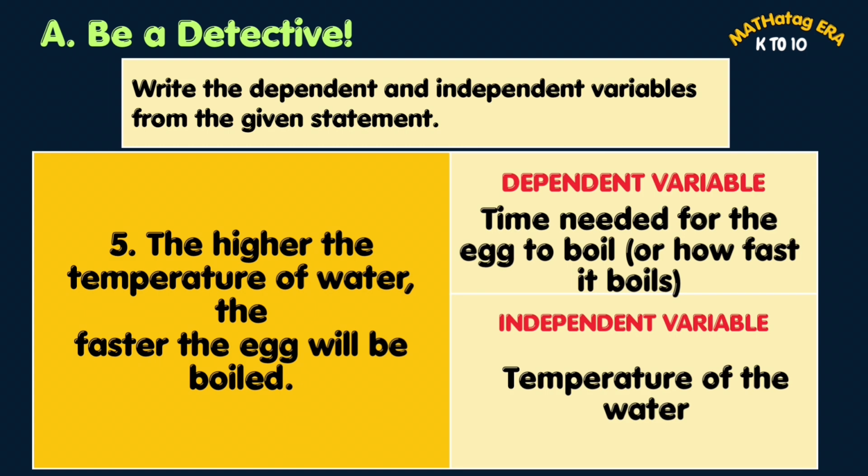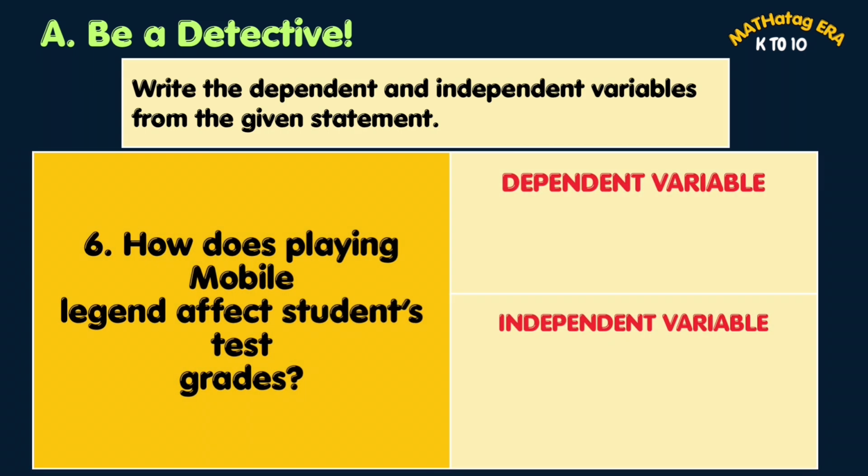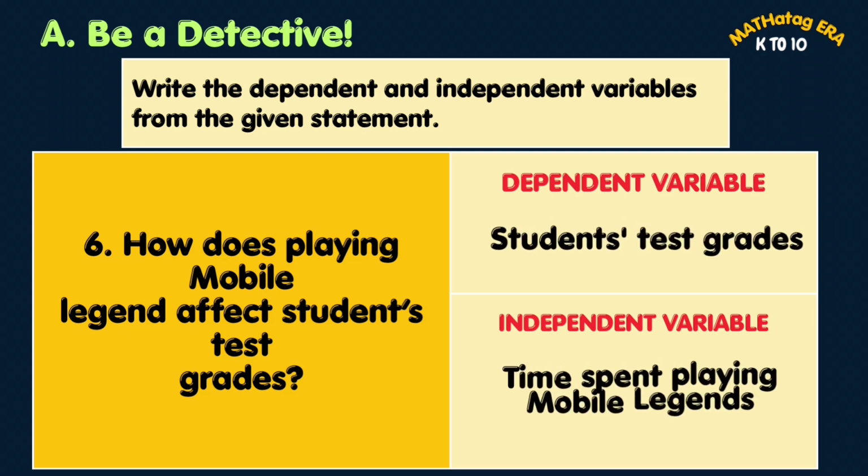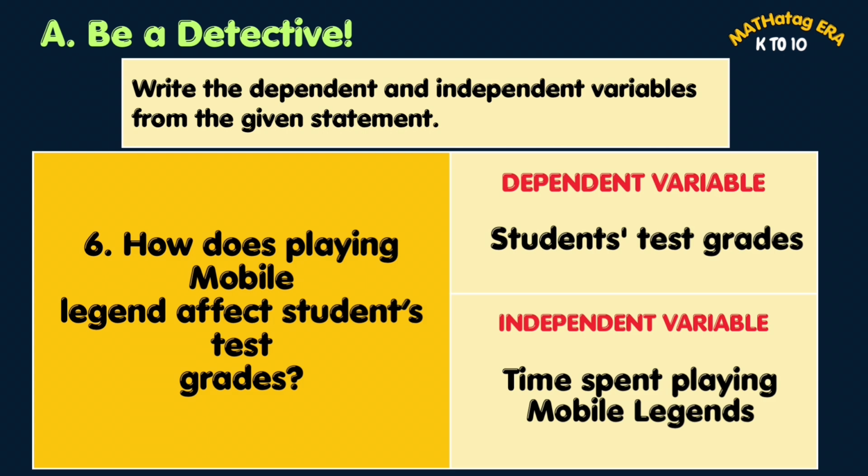And the dependent variable is the time needed for the egg to boil or how fast it boils. Number 6, how does playing Mobile Legends affect student test grades? Independent variable is yung time spent playing Mobile Legends. And for the dependent variable, students' test grades.